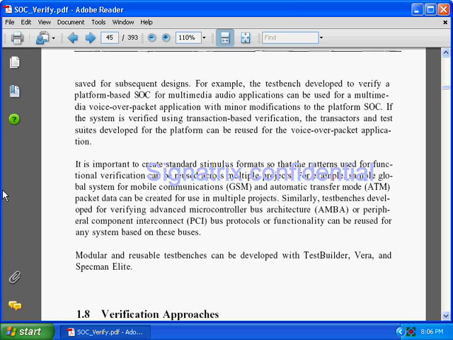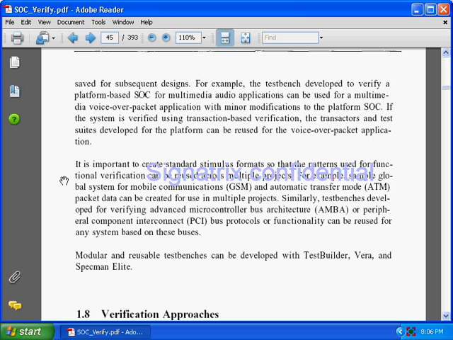Okay, so if you are having ATM IP, like an ATM packet data packet format is there. Okay, similarly GSM data packet format is there, so you can use those types of tests in different verification environments.